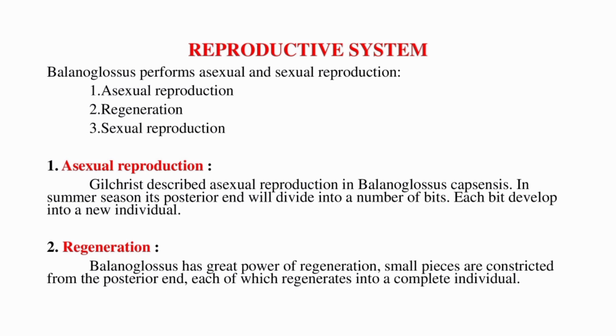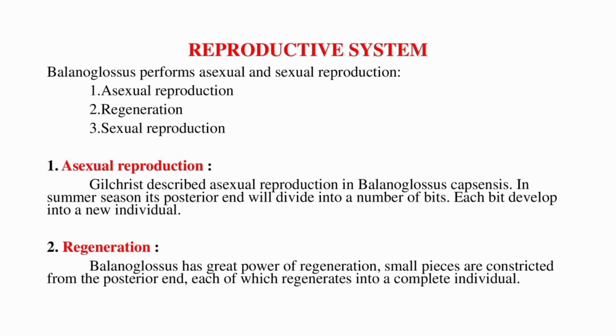Reproductive system of Balanoglossus. Balanoglossus performs asexual and sexual reproduction. Asexual reproduction, regeneration, sexual reproduction. Asexual reproduction. Gilchrist described asexual reproduction in Balanoglossus capensis.